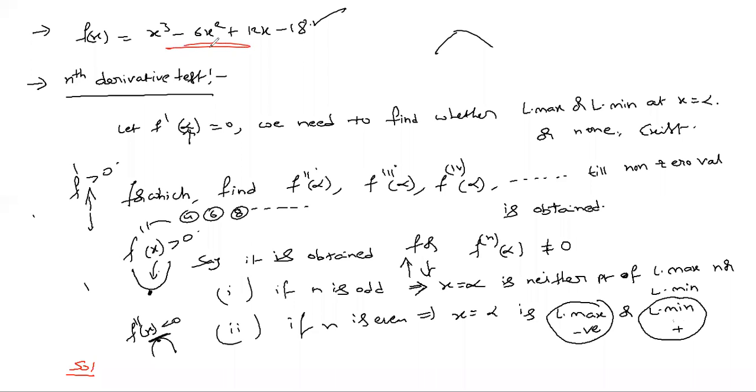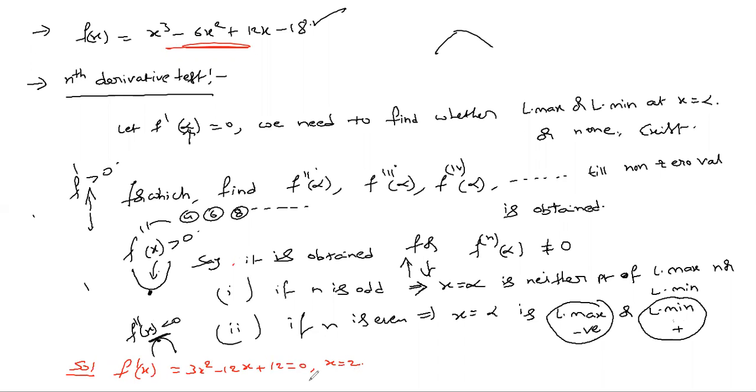Let us solve this problem using this method. First, f dash of x I am going to identify. F dash of x will be 3x square minus 12x plus 12. Make it 0 and you'll get x equals 2, because it is a perfect square after taking 3 common.